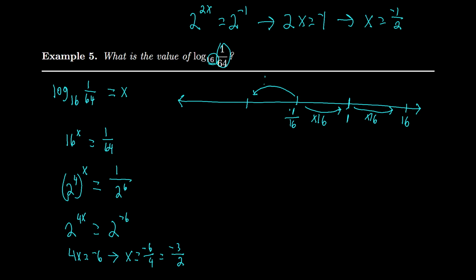So I can divide this by 16 again, and I get some really strange number. Specifically, you'll get 1 over 256, if you do the math. If you do 1/16 divided by 16, that's 1 over 16 times 16, which is 1 over 256.